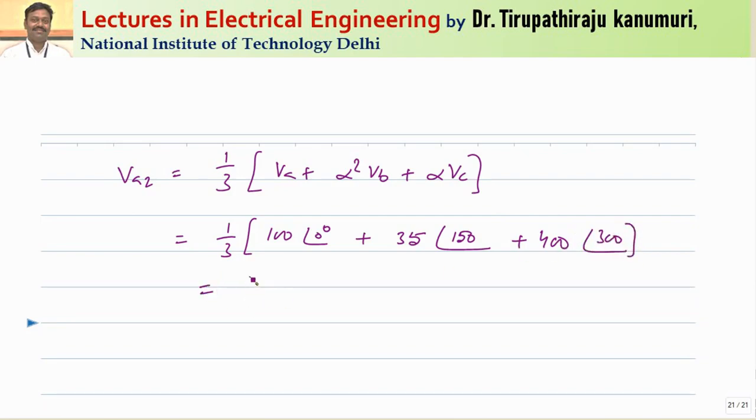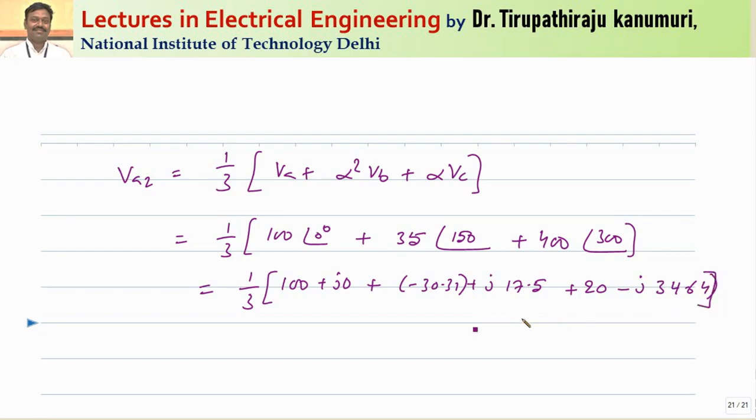So this will become equal to 1 by 3 times of, this I am converting to rectangular form. This will become 100 plus j0 plus minus 30.31 plus j 17.5, and third one will be 20 minus j 34.64. So this is the value we get it.